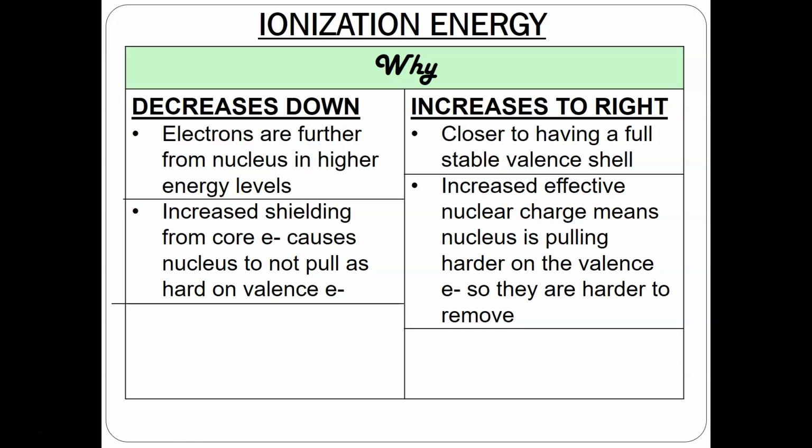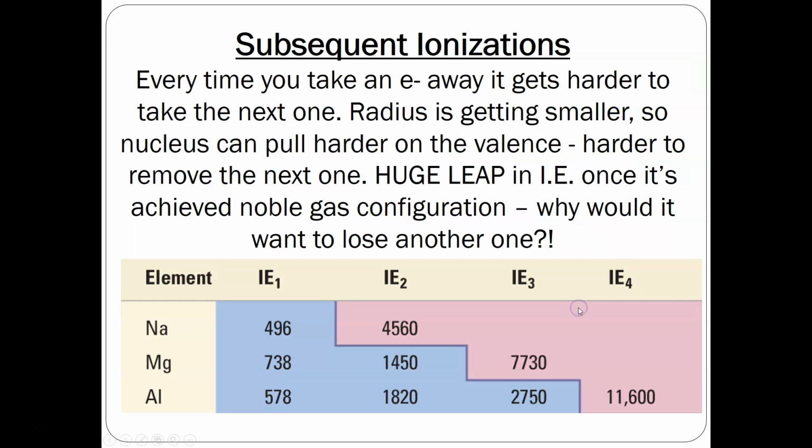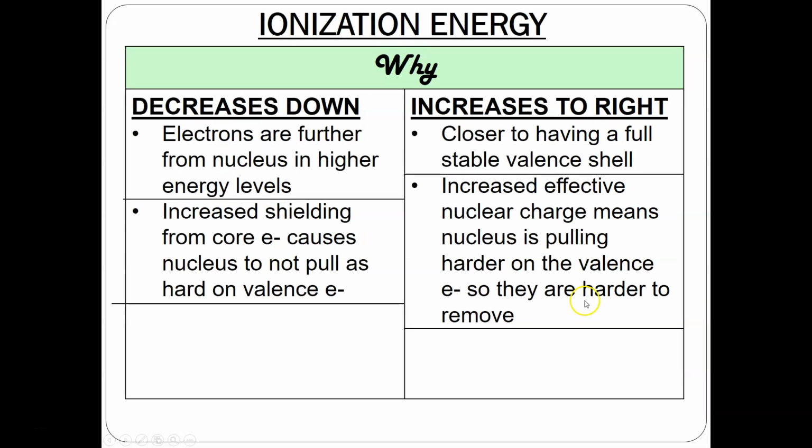Because that radius was smaller, that's why we had a higher effective nuclear charge. So you can see once again, our answer up and down is about shielding, and our answer left to right is about how strong is that nucleus. And that's a pattern that tends to repeat.